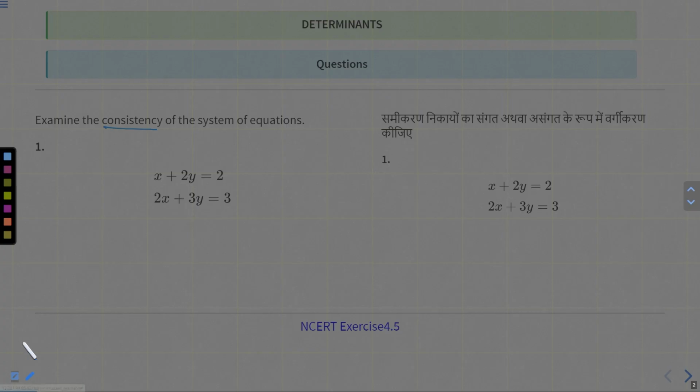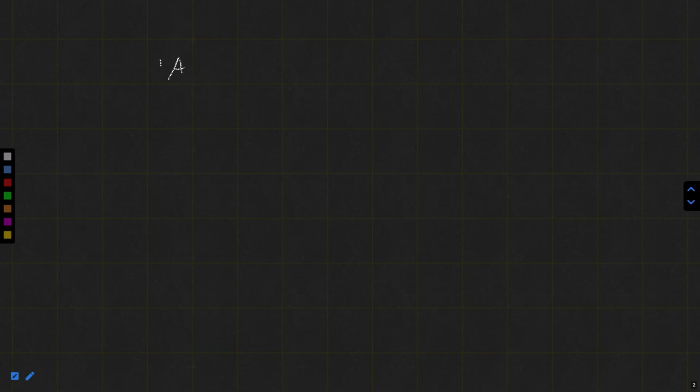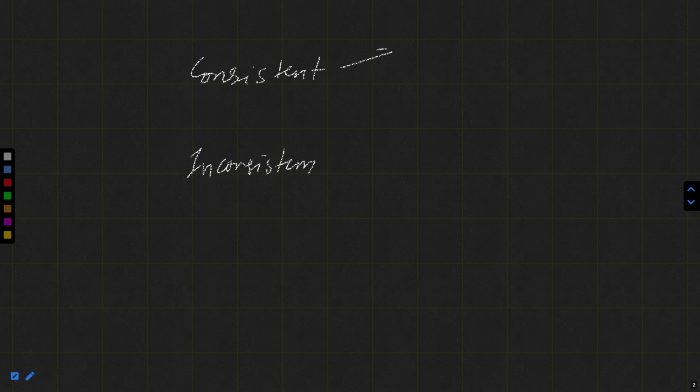Let me remind you about consistency. Consistency means a consistent or inconsistent system. In a consistent system a solution exists.